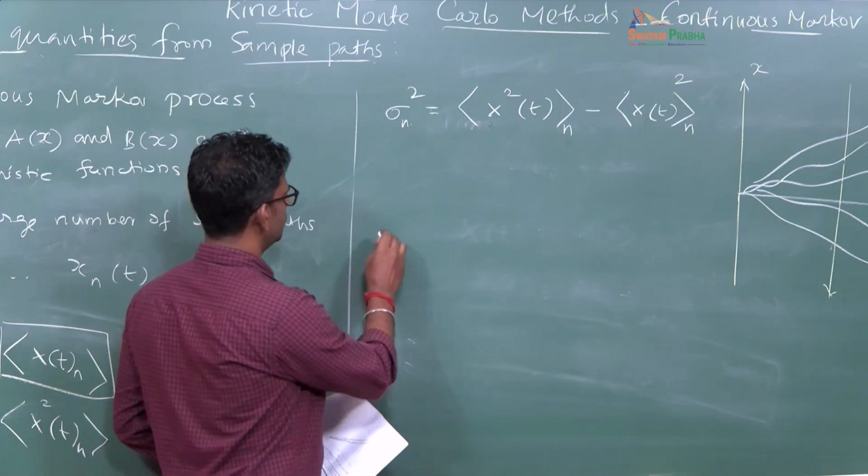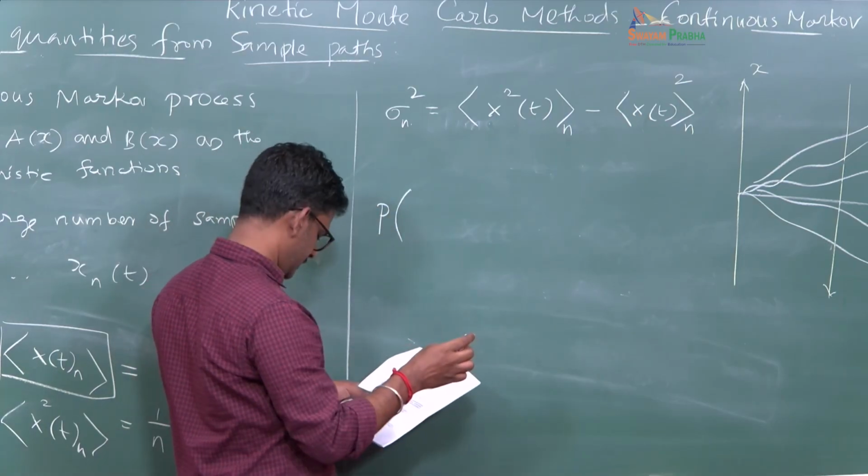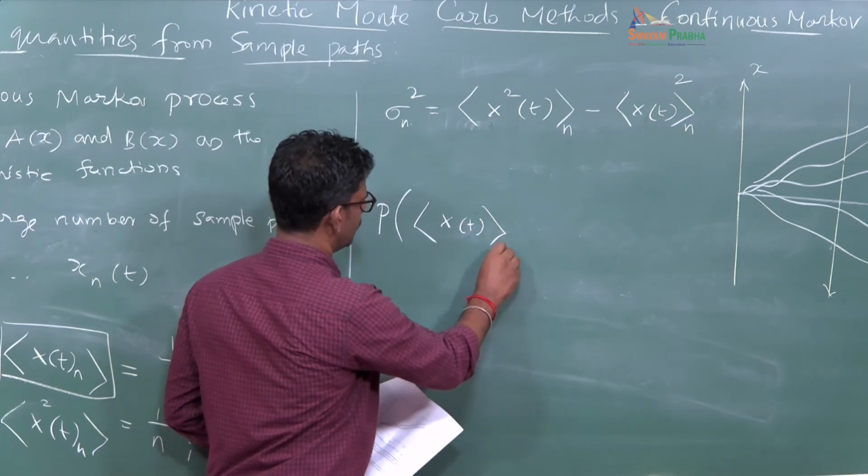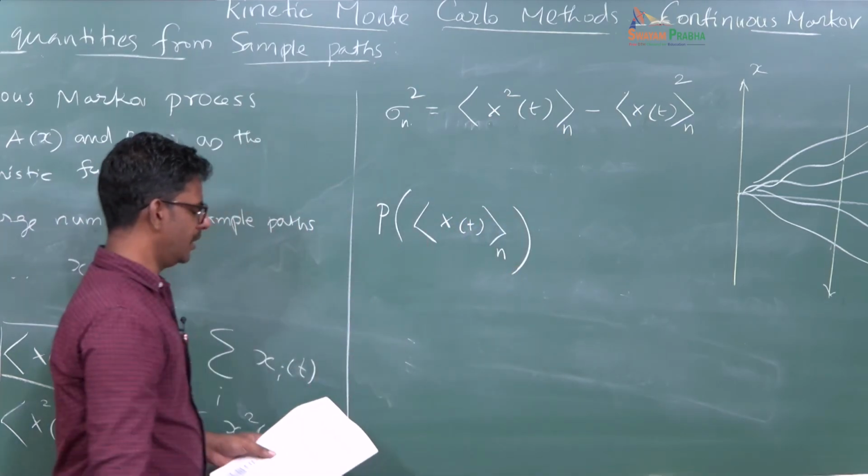So P of the probability of the mean, the sample mean x of t over n, is going to be a normal random variable.